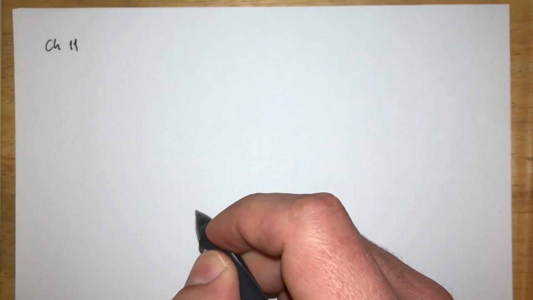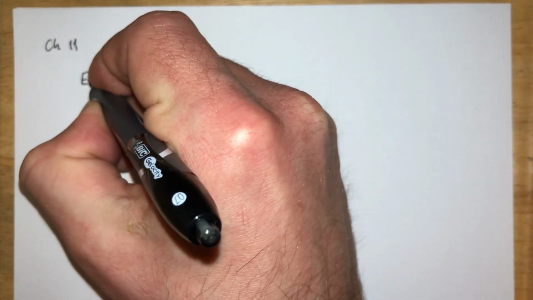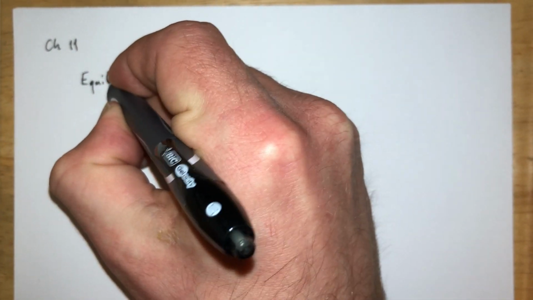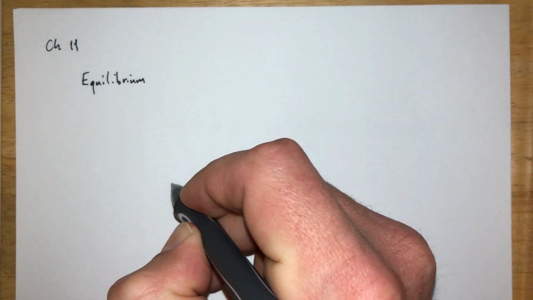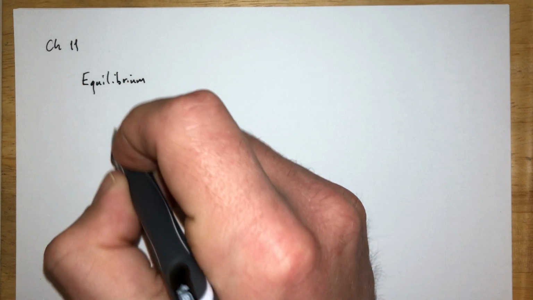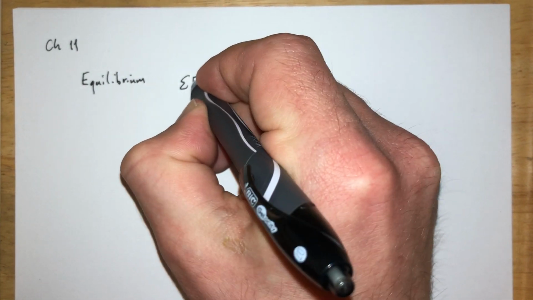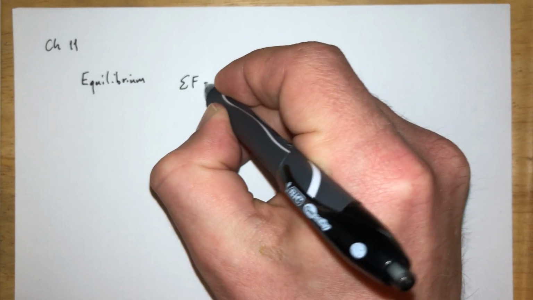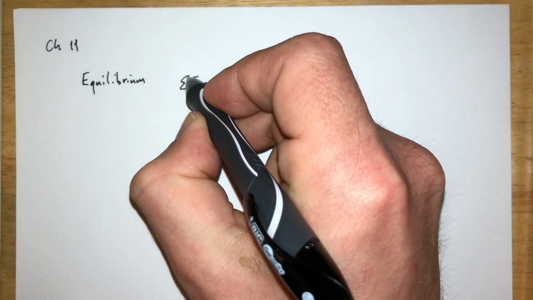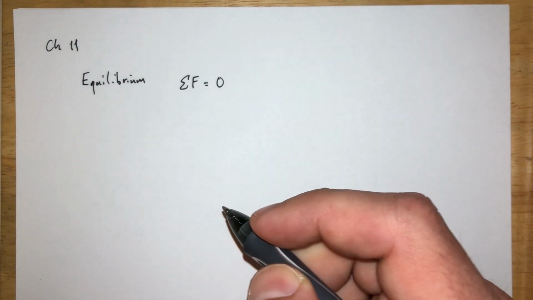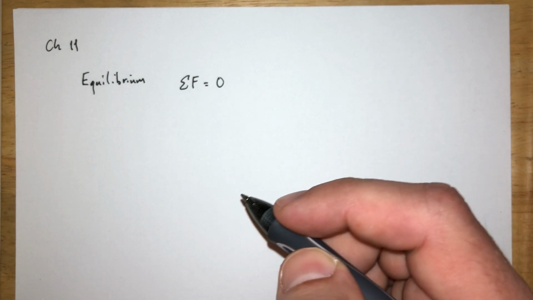So, Chapter 11 starts off defining what it means for a rigid, extended body to be in equilibrium. And we had one condition for equilibrium. The sum of the forces on the object must be 0. We were solving equilibrium problems back in Chapter 5 before we really knew to call them equilibrium problems.